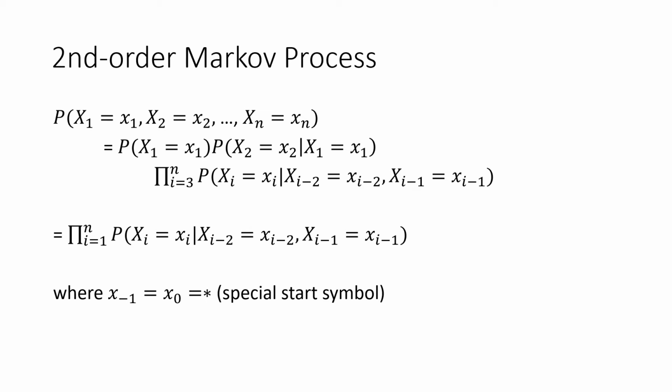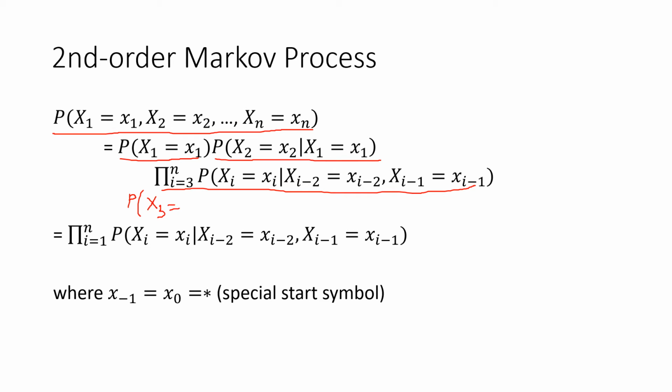So if we want to calculate the probability of a sequence, that is a joint probability of words, then we write it as a product of the following terms. First we have the probability of the first word times the probability of the second word given the first word, times the next product terms. Let's write a few of them. For i equals 3, we have the probability of random variable X3 equals x3, that is the third word, given the first two words, X1 equals x1 and X2 equals x2.